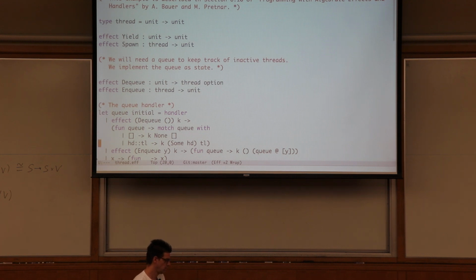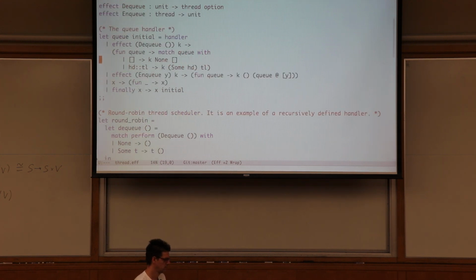Okay, here's the queue handler. So how do I dequeue? So this is now a state handler. Queue is a state thing, so this is now a state-like handler, but it's handling an entire queue. So how do I dequeue? Well, I look at my queue, that's my state.